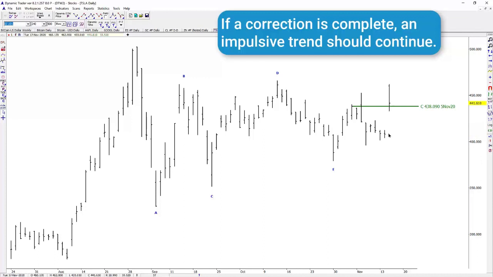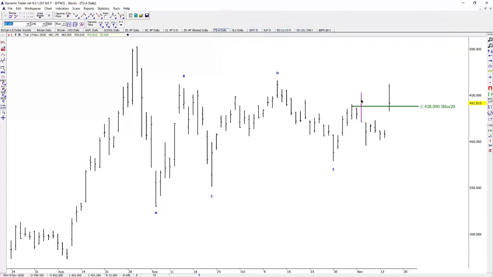Let's add some more data here. As of the last bar in the chart, we've closed above this closing high, and we've traded above this high. This market is in an immediate position to consider a go-long strategy for the probable completion of a correction that lasted 6 or 7 weeks here.